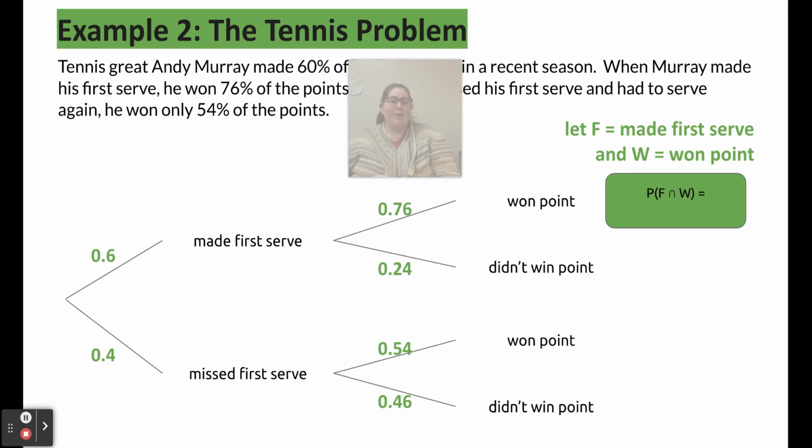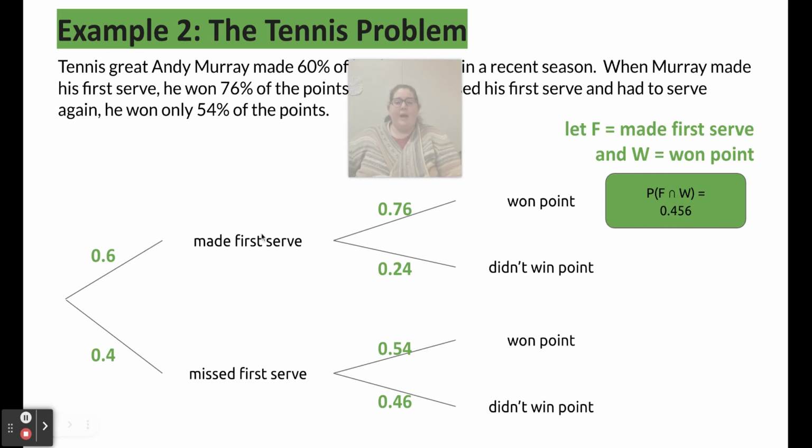So because of the way we've set up our tree diagram, we can just multiply straight across the branches to get these "and" probabilities. So I'm going to multiply 0.6 times 0.76, which is 0.456. So I know the probability of him making the first serve and winning the point is 0.456.